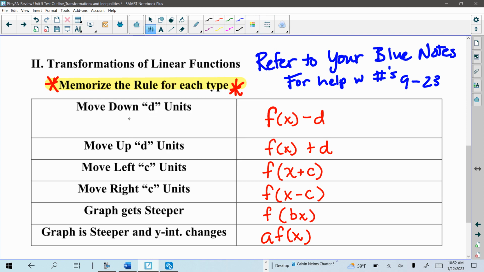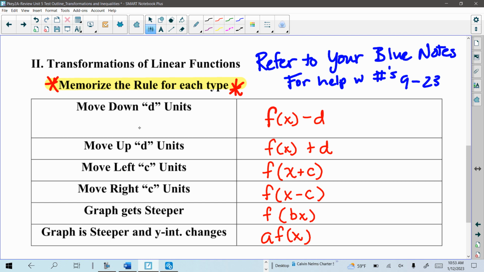Anything moving down or up is talking about vertically shifting. So you need to know based on how the graph is moving or based on how I tell you, because on this section, there's some sections where I give you the rule, you have to describe what happened. There's another section where I describe what happened, you give me the rule. Okay, so this has to get memorized.